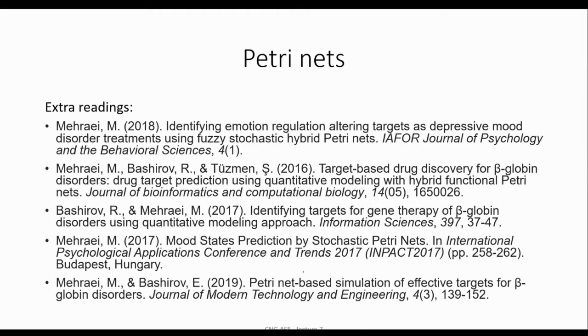One of them, which is pretty new compared to other models, is PetriNet. PetriNet itself has been used for 4 decades so far, but using it for biological systems is pretty new. And this one is very important because, as I said, it's user-friendly.